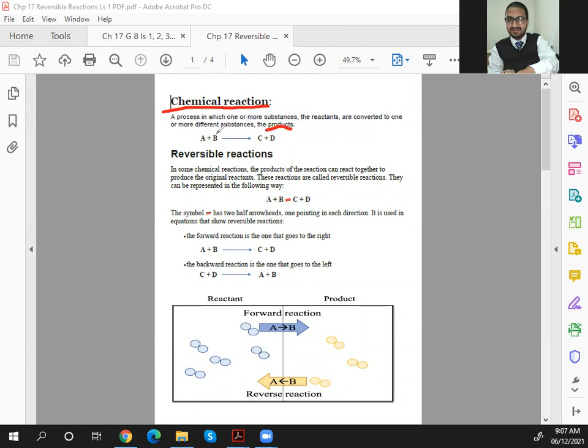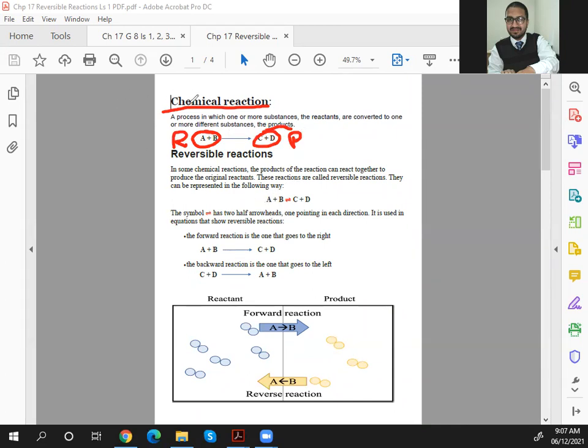On the left-hand side of a chemical equation, A and B are two reactants. When they react with one another, they convert into products, C and D, maybe any. This one you name as product.